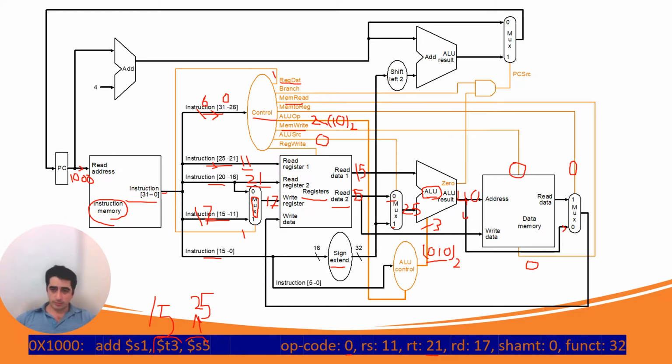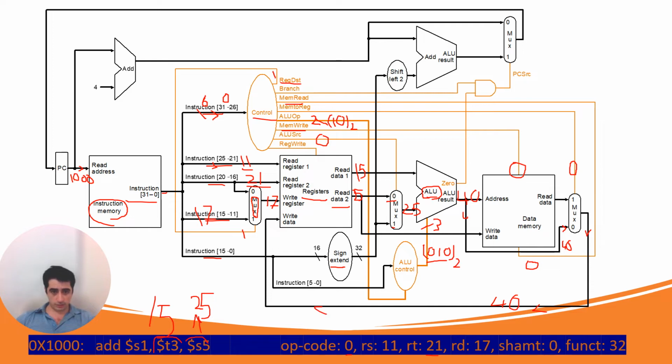Anyways, the mem to reg is going to be set to 0, so we're going to grab the value 40, which comes here to pass it to the output of the multiplexer. So 40 is placed on this wire. The 40, which is the result of the sum, is going to come here.